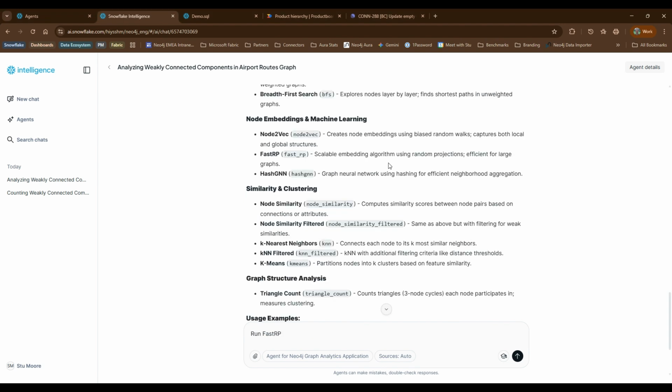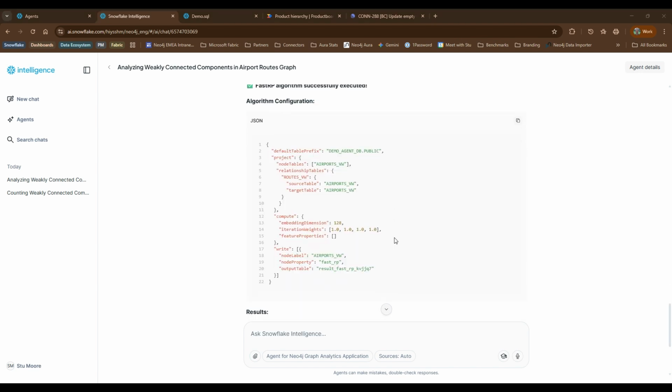So here, I want to use an embedding algorithm, FastRP, and you can see the configuration that it's produced. If I wanted to automate this and run a scheduled job, I could copy and paste that configuration, and then I've got something that I can run repeatably.